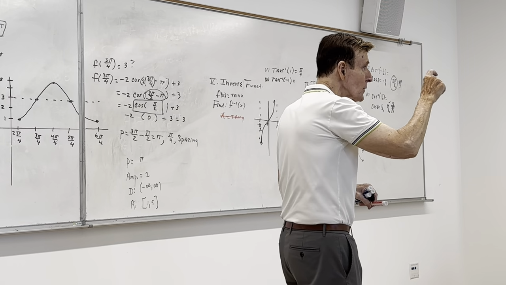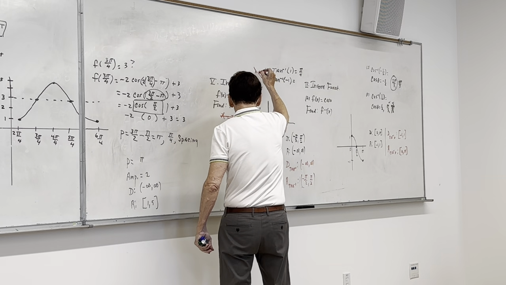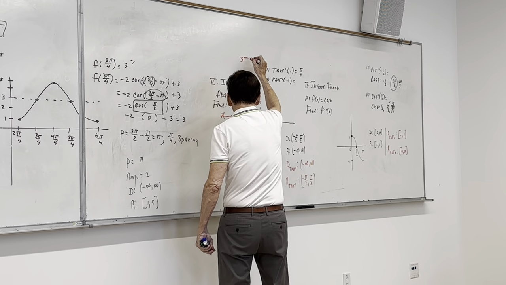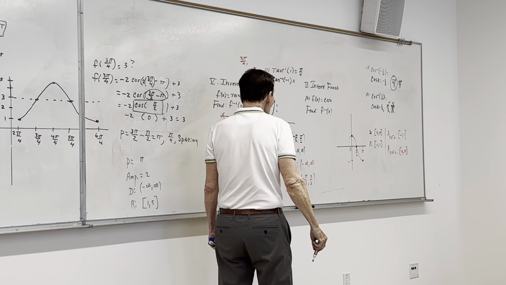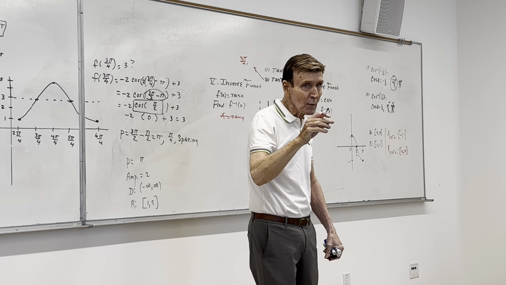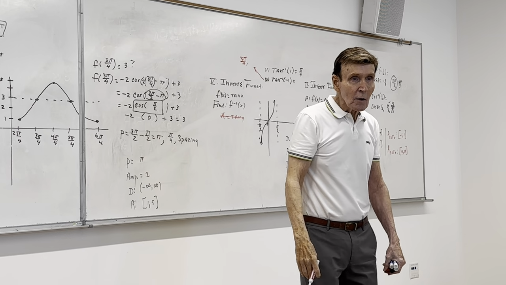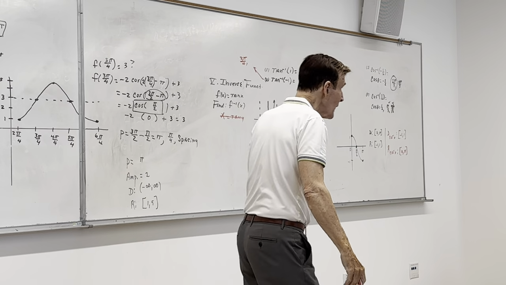When you place y over x, you get a negative 1. 3 pi over 4, and I think there's another one, in quadrant 4. What is it? 7 pi over 4, thank you.